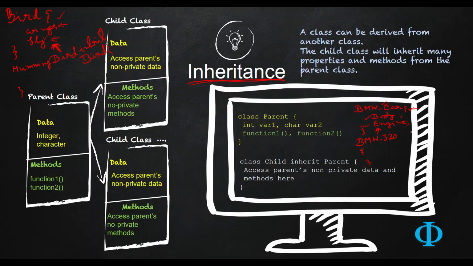So in this case also, the BMW 320i is a child that is basically inheriting the BMW car class. As you can see, this inheritance type of relationship is prevalent everywhere.